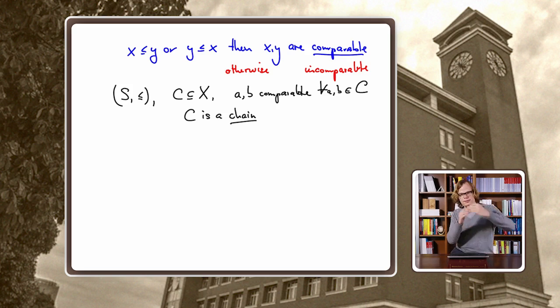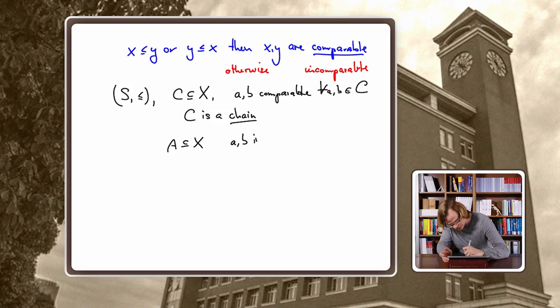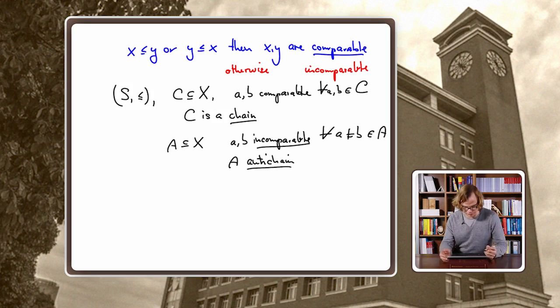Like it's a subset that is linearly ordered. And if you have the opposite, if all elements are pairwise incomparable, then A is called an anti-chain. So it's a subset where nothing is comparable. All right. This is chains and anti-chains.